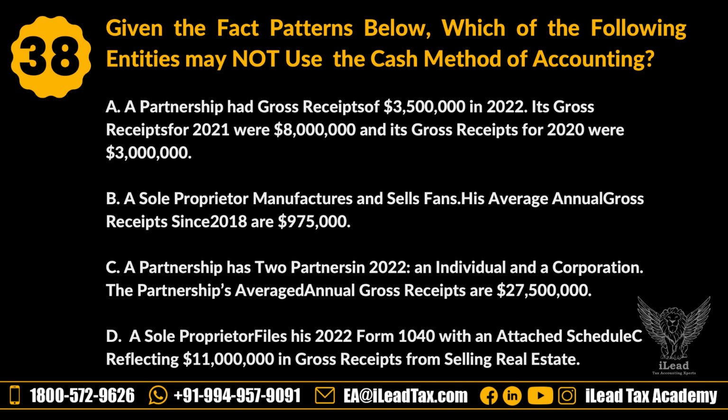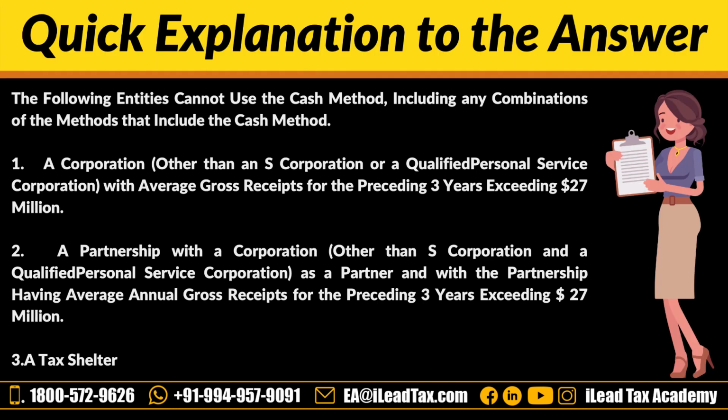It is not 11 billion. So it is 11 million. So as it is below the threshold limit of 27 million, option C is the right answer. Since they are crossing 27 million, they cannot use the cash method of accounting.